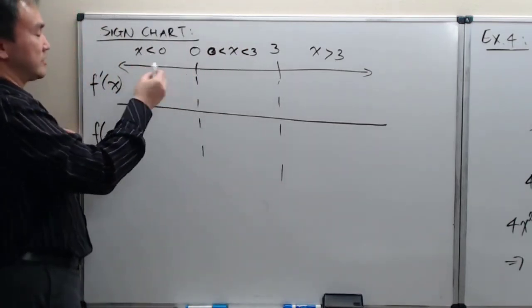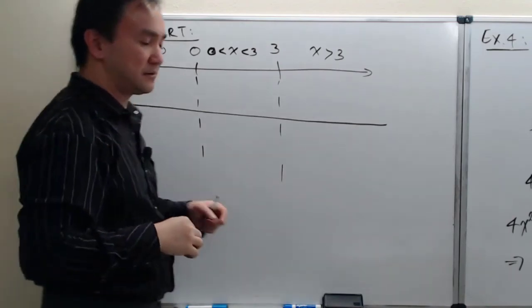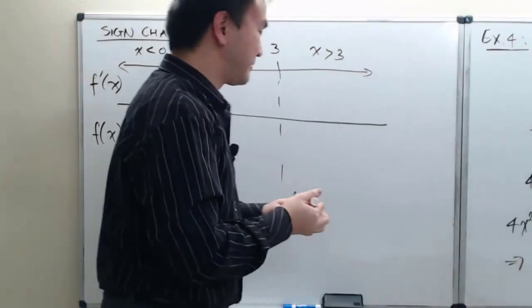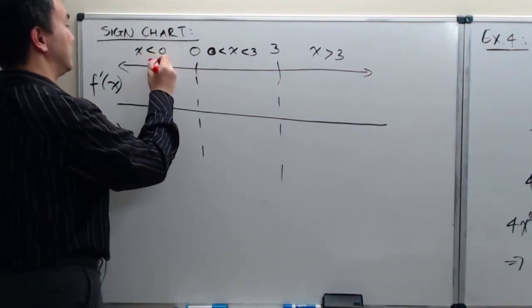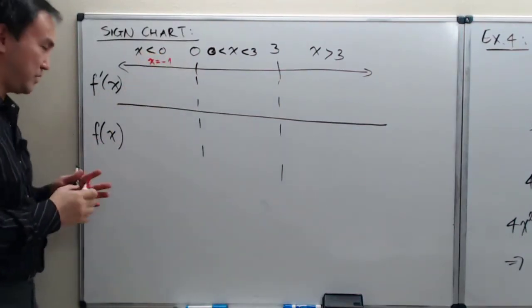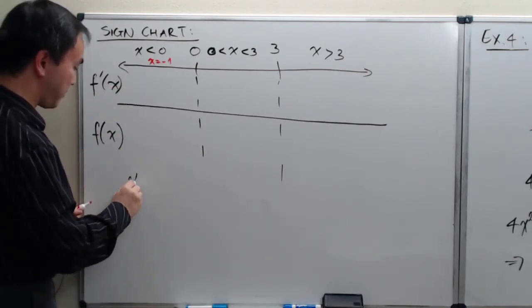For x less than 0, I pick a value. In my mind right now I have x equals -1. You can have another value, but I'm going to quickly substitute that into f prime of -1.